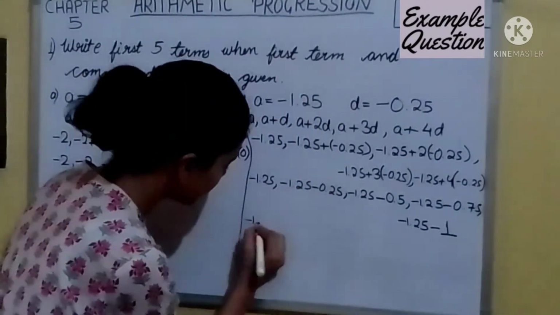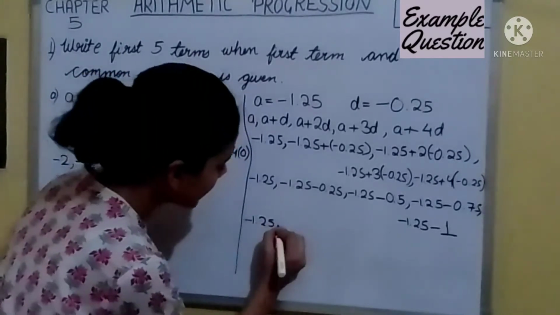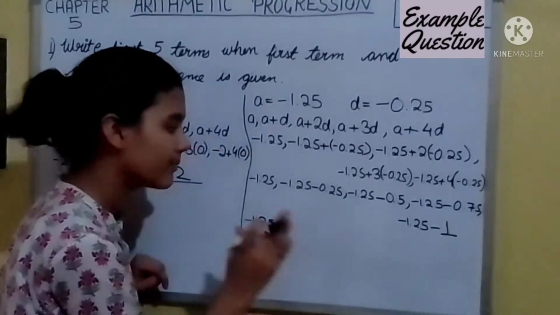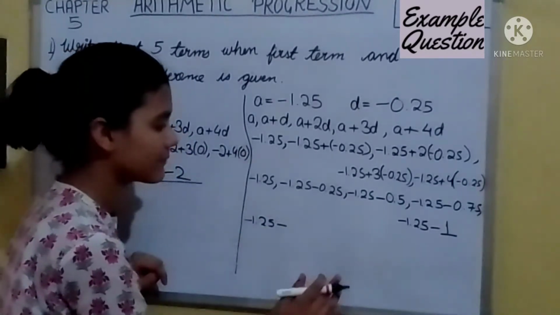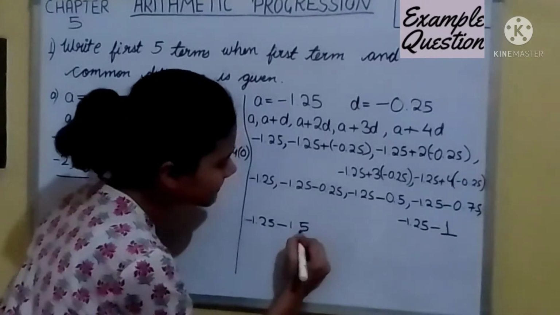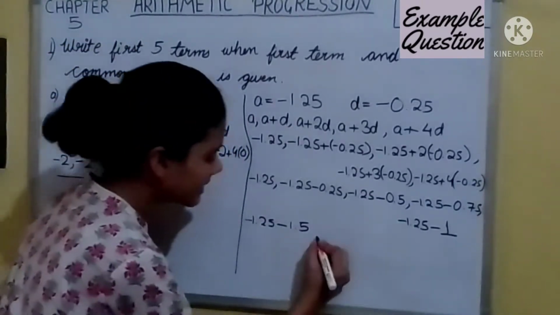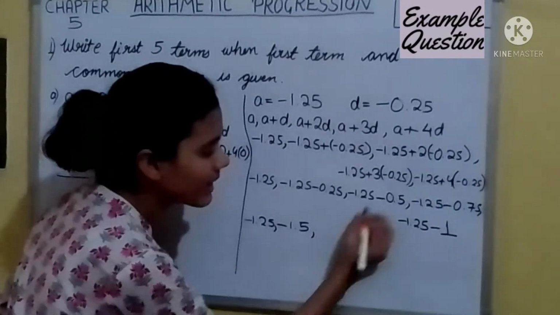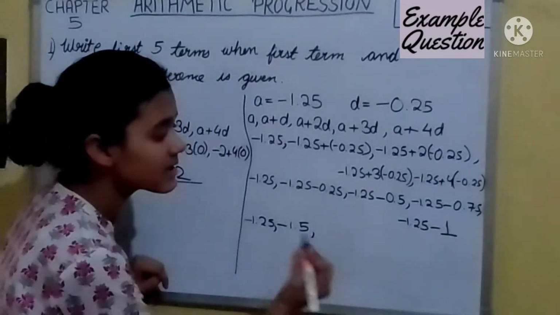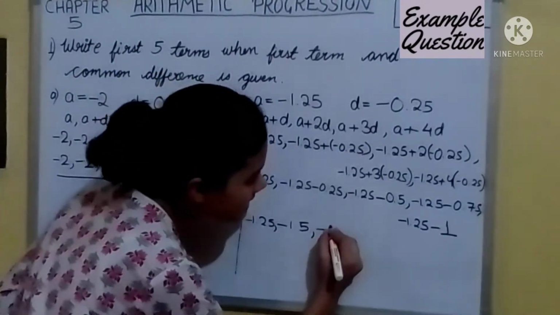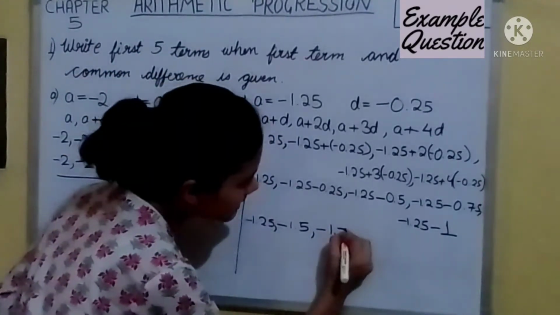So -1.25, then -1.25 minus 0.25, what will we get? -1.5. Okay, then here -1.25 minus 0.5. So we will get -1.75.